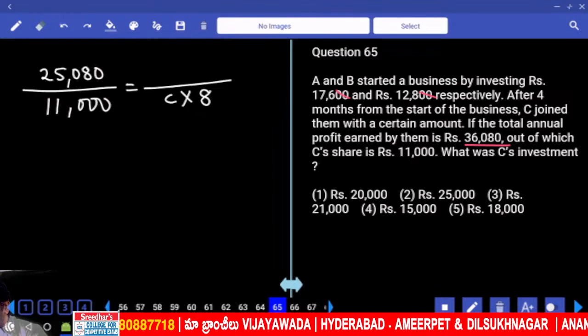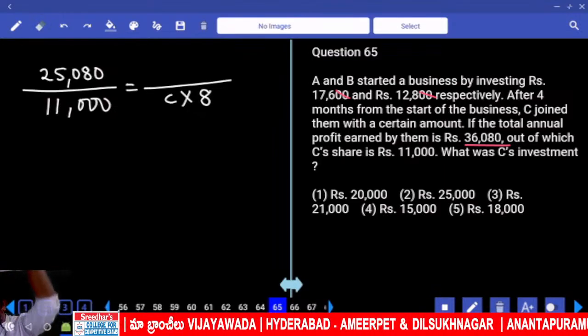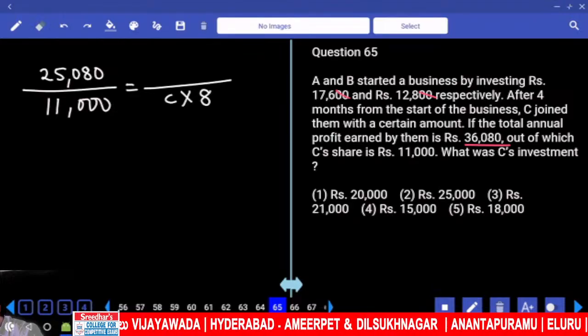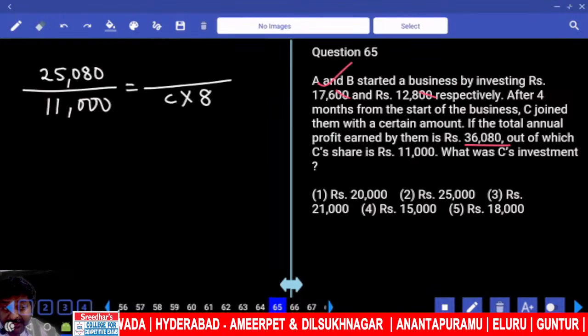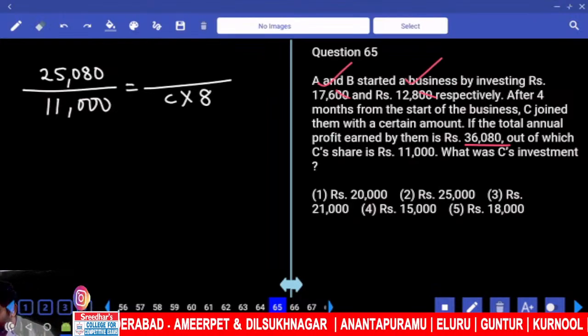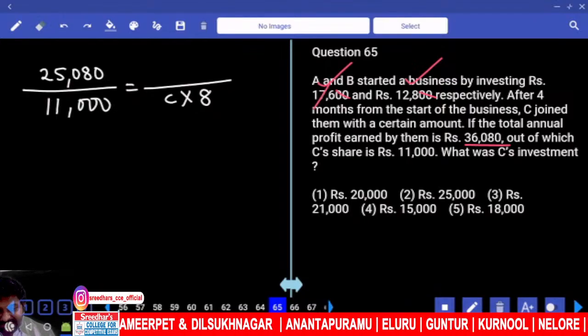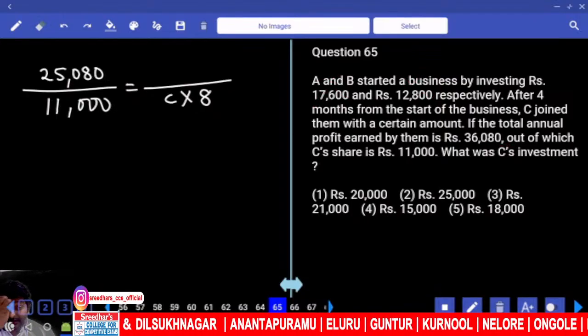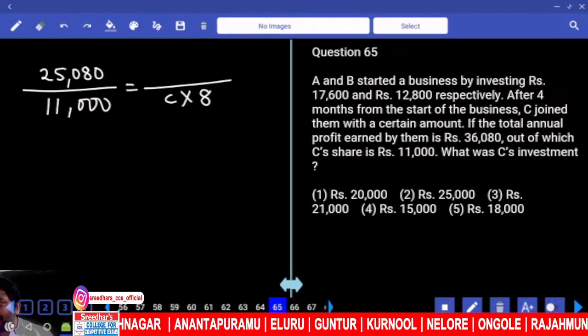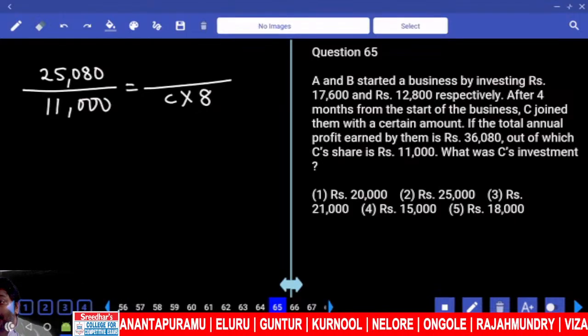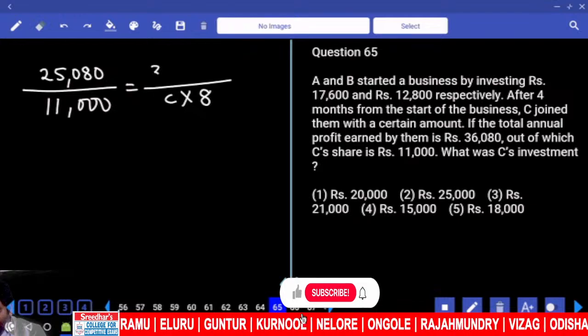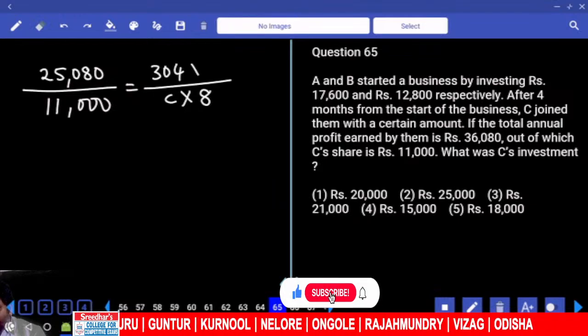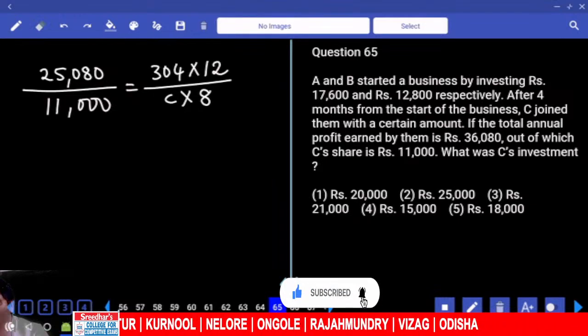A, B are there from the beginning till the end. That means both are there for 12 months. Both of their investments together is 176 plus 128, 304. 304 is there for 12 months.